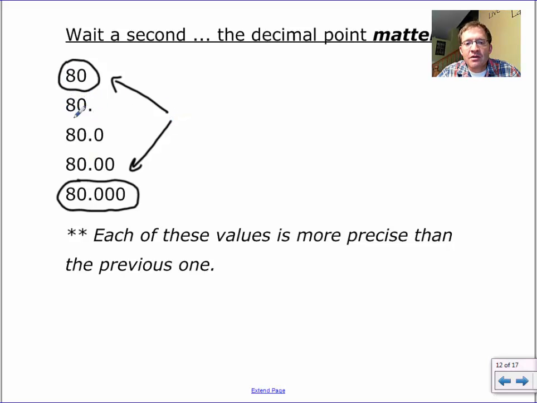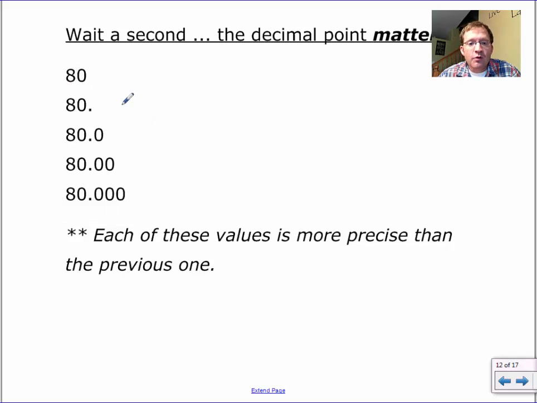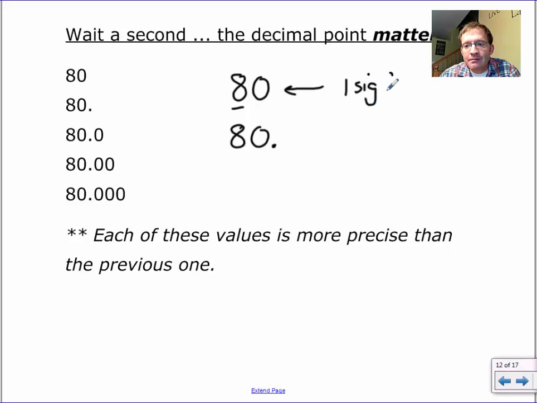Even just here, where the decimal point is added, by adding that decimal point, it gives us a little bit more certainty than without it. I'm going to clear this off, okay, and look just at these first two examples. If we're counting significant figures on 80 versus counting significant figures on 80 point, that decimal point matters, because when the decimal point is absent, we're going to start counting from the right across to the left, and we're going to have one significant figure, one sig fig.